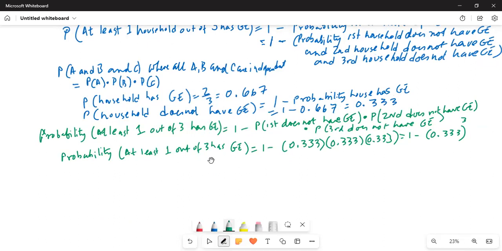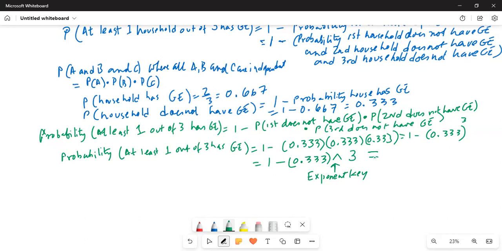In our calculator, we can do it like this. It is 1 minus 0.333 and then press the exponent key after that. This is the exponent key in the calculator, or the power key, 3.